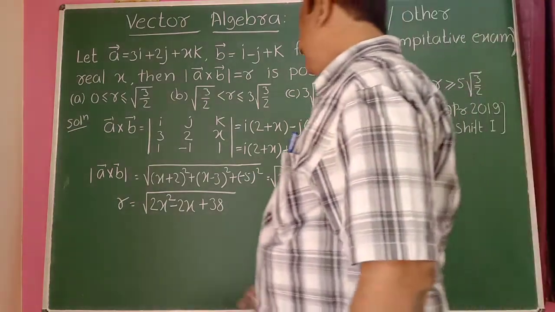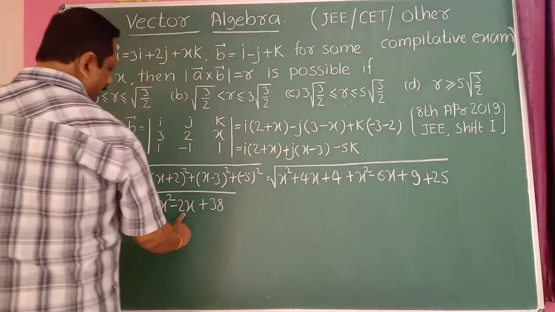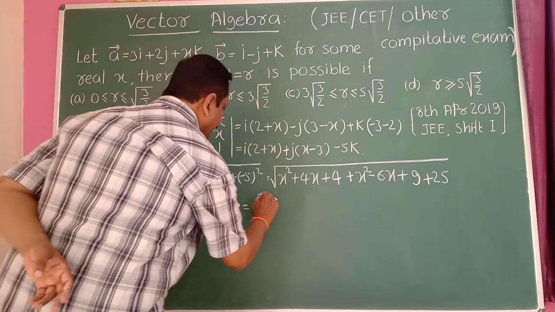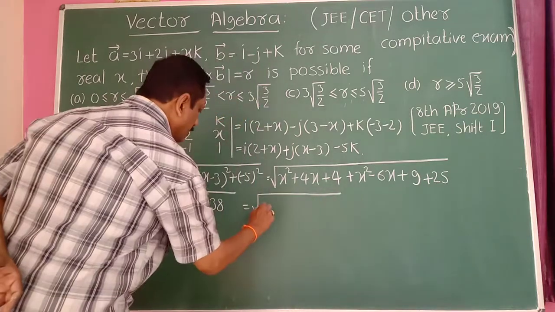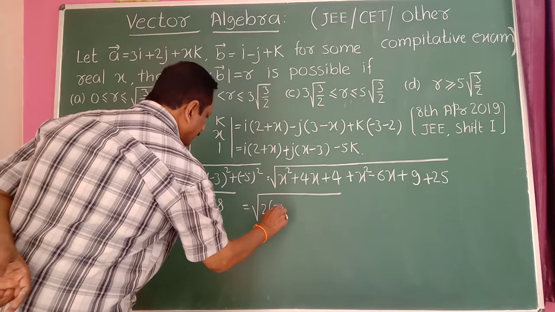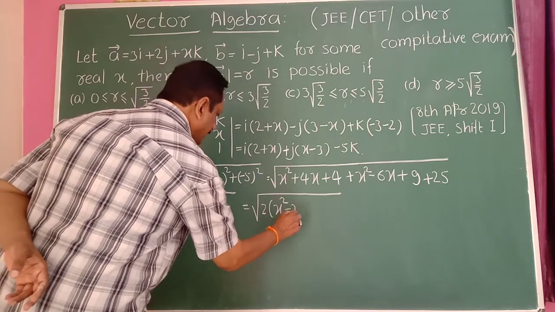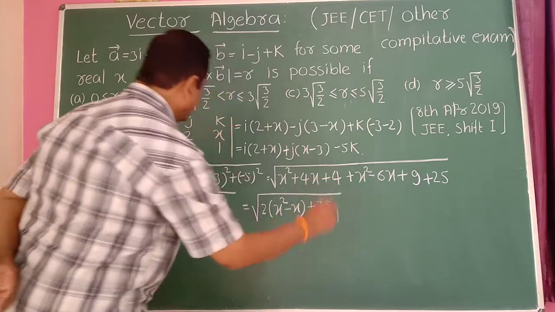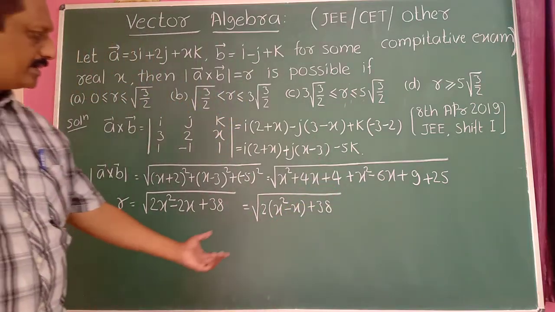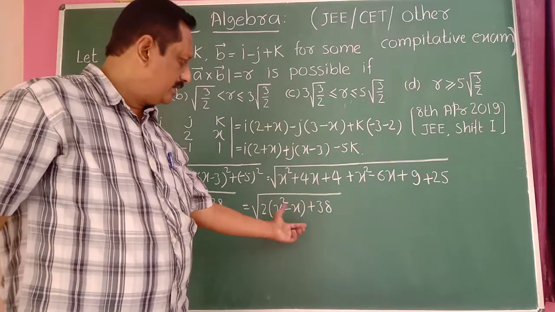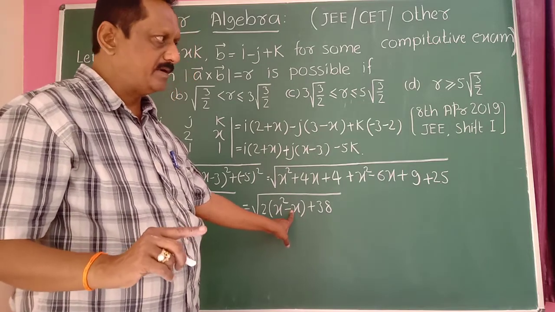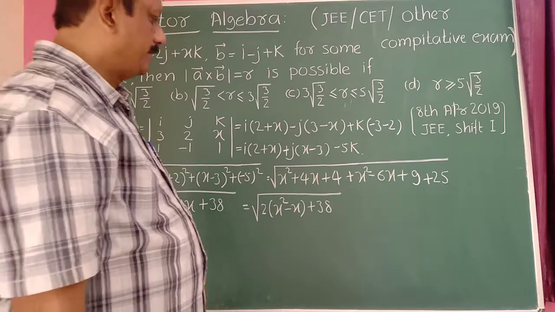Then here from first two terms here, take a 2 common factor here. So this is equal to root of 2 into x square minus of x here. Plus 38 keep as it is here. And make it as a perfect square here. Here x coefficient is 1 here. Half of 1 is 1 by 2. 1 by 2 square is 1 upon 4 here.